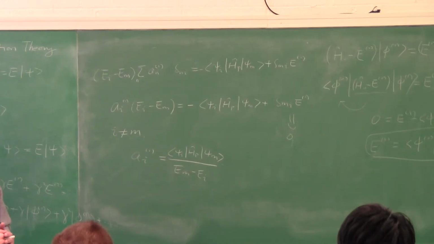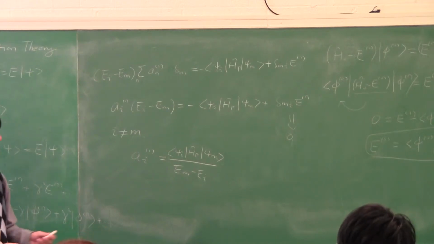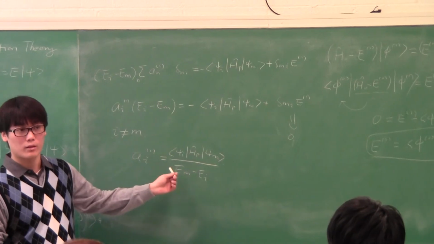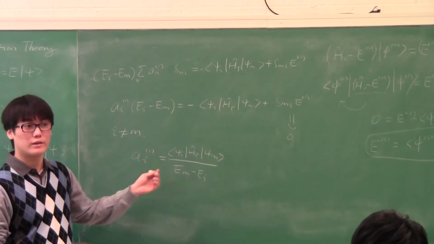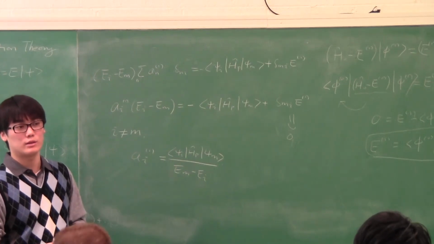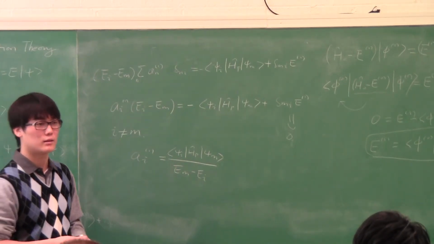The first order corrections to the eigenfunctions are dependent on the off-diagonal elements. So the wave function changes more than the eigenvalue. That is the basic idea.